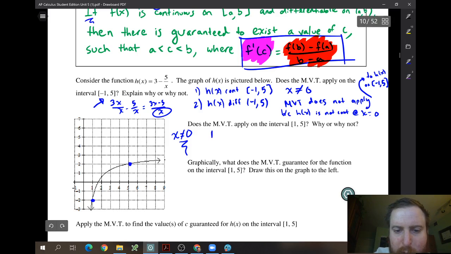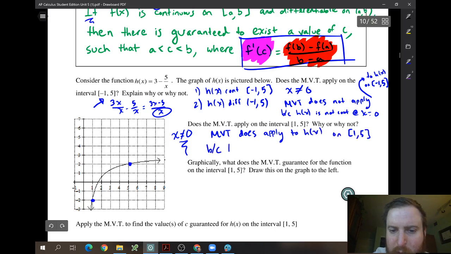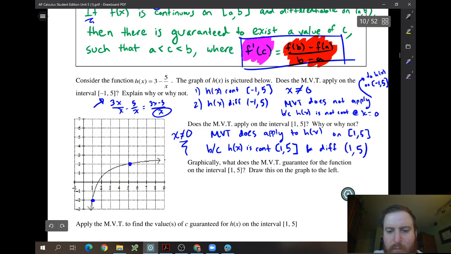So the mean value theorem does apply to h of x on 1 to 5, because h of x is continuous for 1 to 5 and differentiable in between 1 and 5.